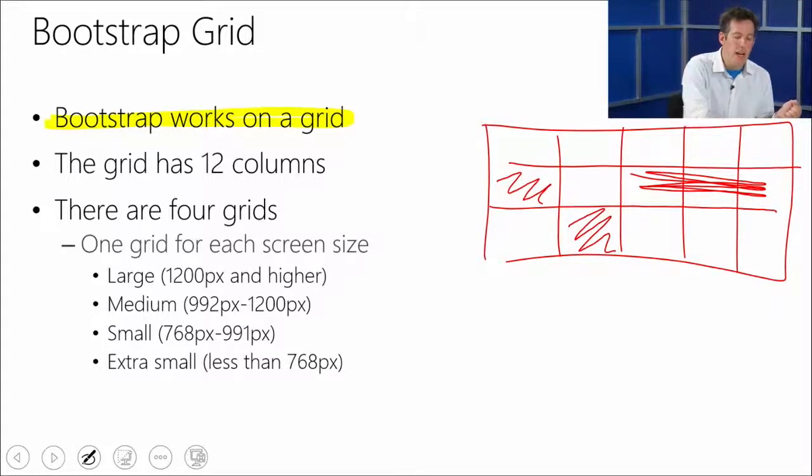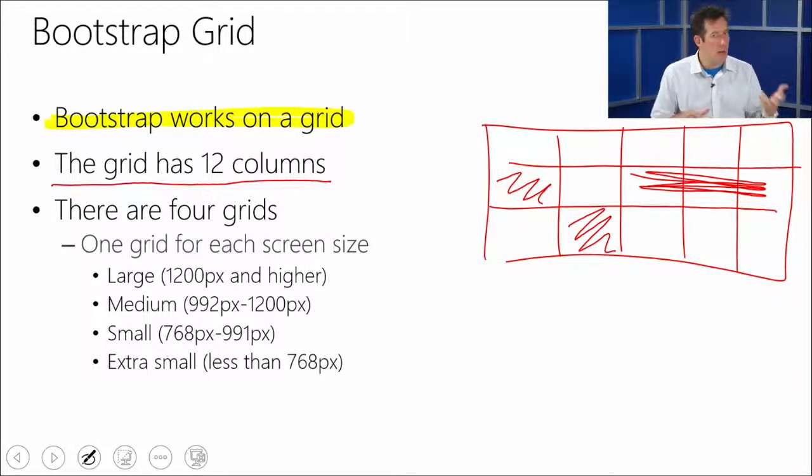The next thing is our grid has 12 columns. 12. Always 12. What's nice about this is that it allows you to focus on the rough sizing without having to worry about specifics, without having to break it down pixel by pixel how big I want things. Quite frequently, that's not what we're overly concerned about.